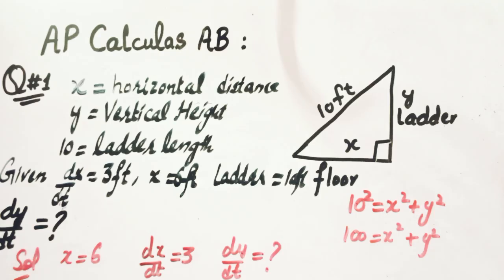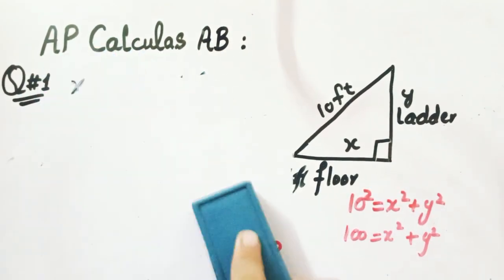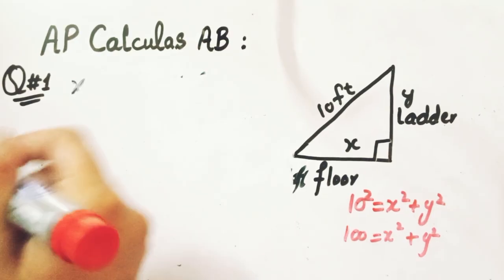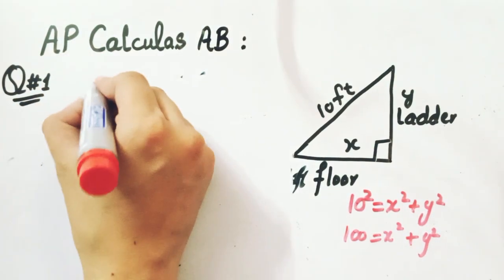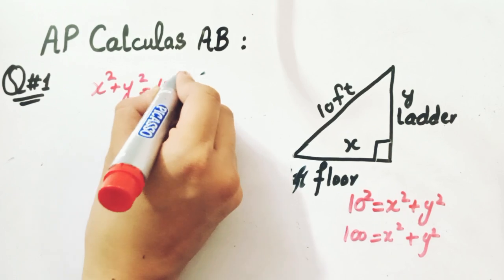So you can see now you have to solve this by the differentiation method. So how will we solve this? We will apply differentiation on this. First of all, write the function here: x square plus y square equals 10 square.